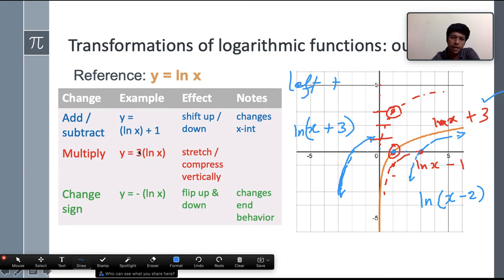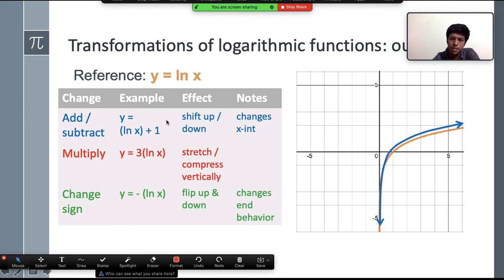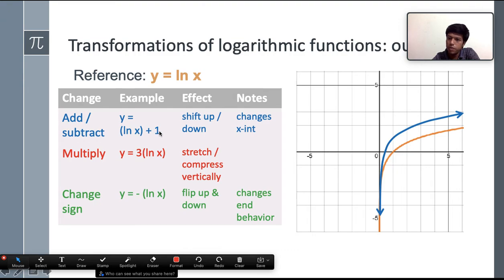And for this additional number here, for this 3, you will have some stretch or compression kind of thing. Basically what it does is whatever value of y you get, it multiplies that by 3. So for the plus 1, it goes 1 box up.